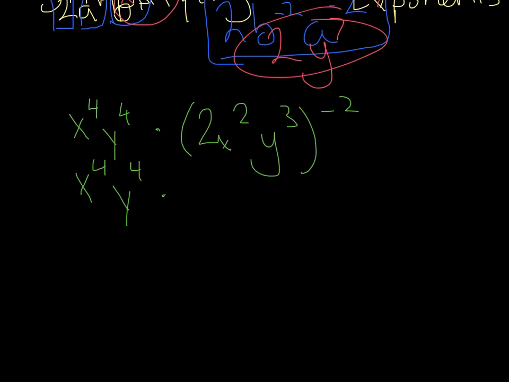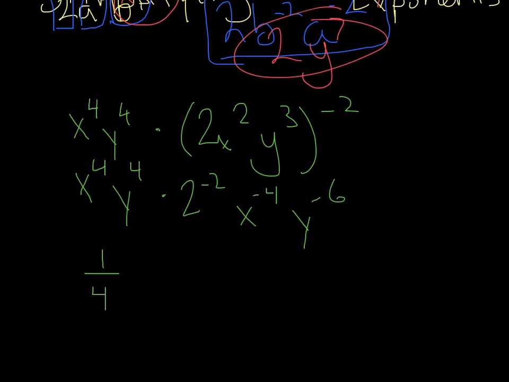And then it's saying 2 to the negative second times x squared to the negative second, which would be 2 times negative 2, so x to the negative fourth, and y cubed to the negative second, so 3 times negative 2 is negative 6. And then now 2 to the negative second would be 1 over 2 squared, which is 1 over 4. So I have 1/4.